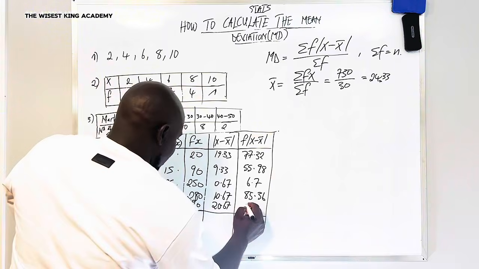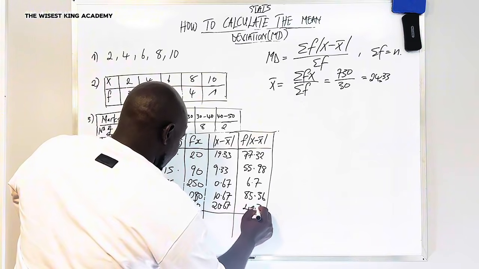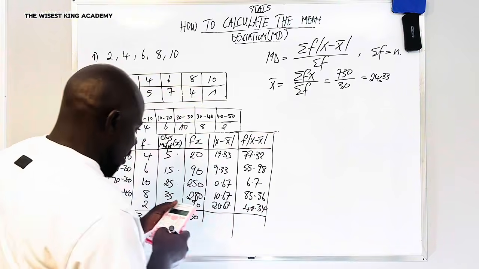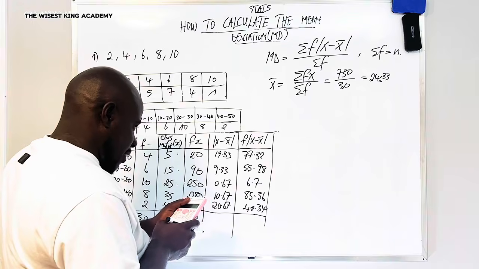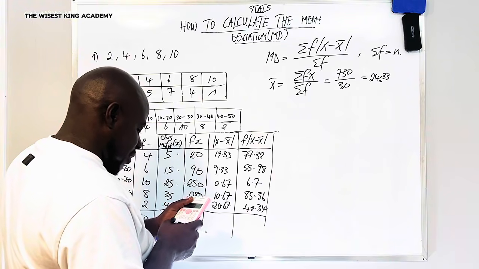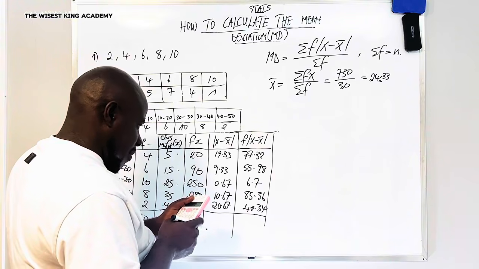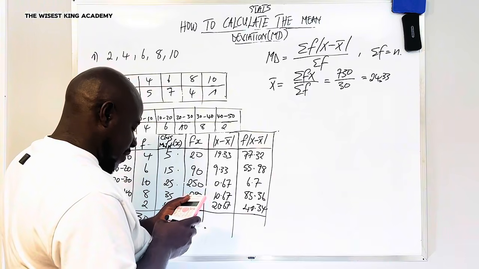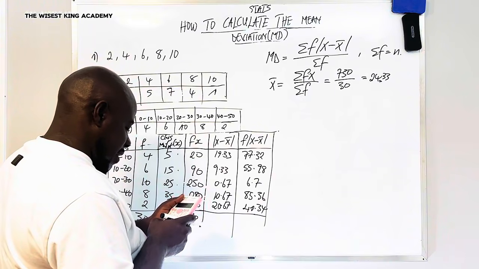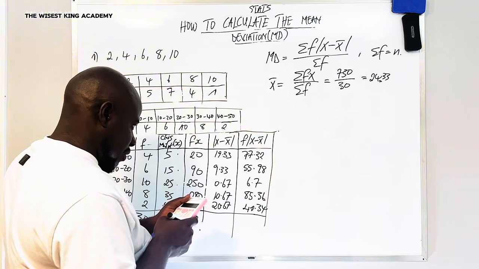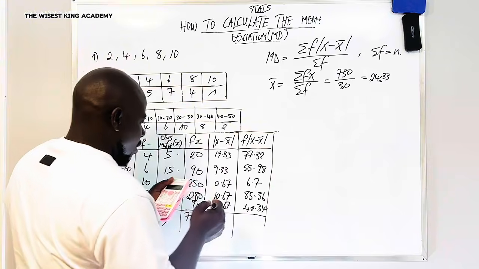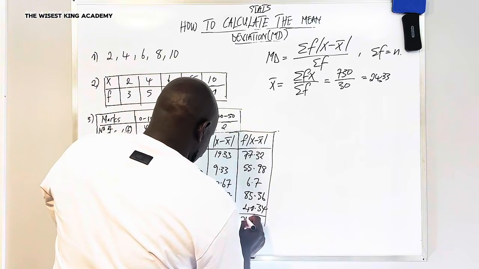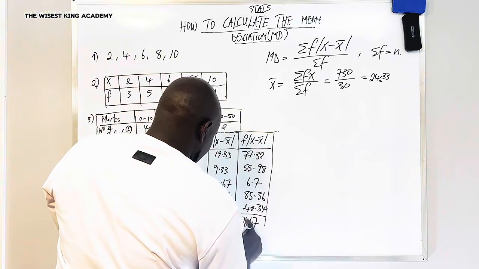And that's going to give me 41.34. Let's add. We are going up: 41.34 plus 85.36 plus 6.7 plus 55.98 plus 77.32 equals, that's going to give me 266.7. Can we see that?